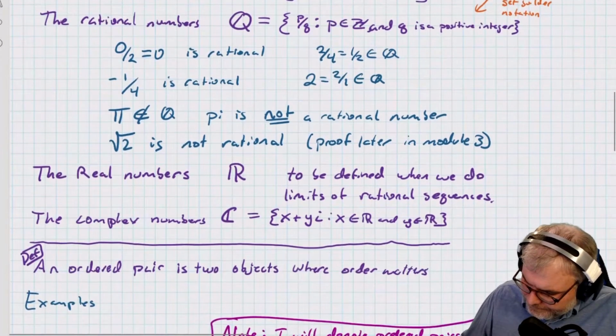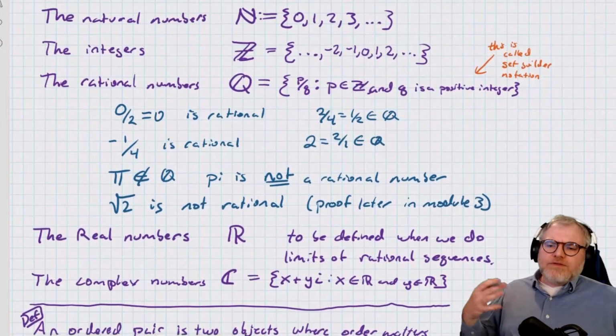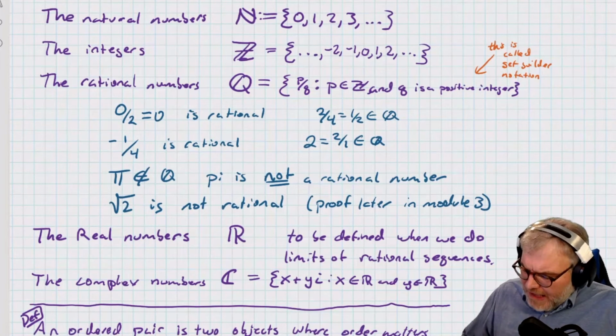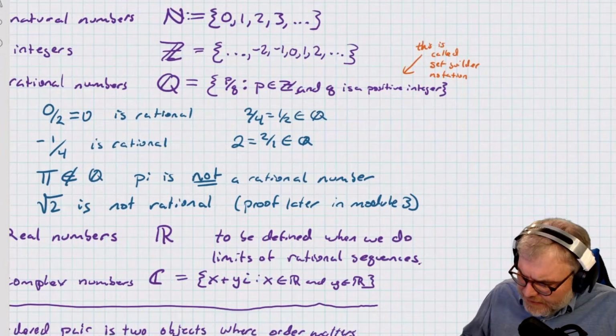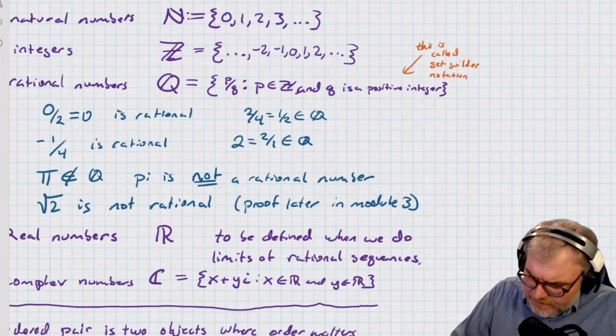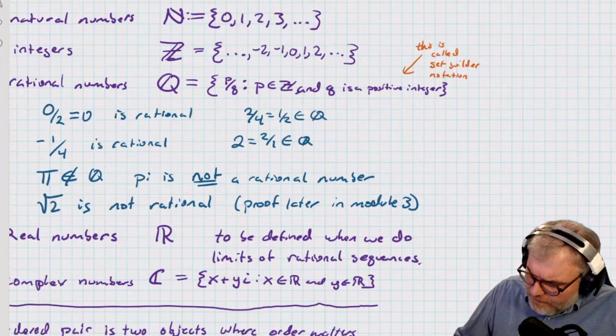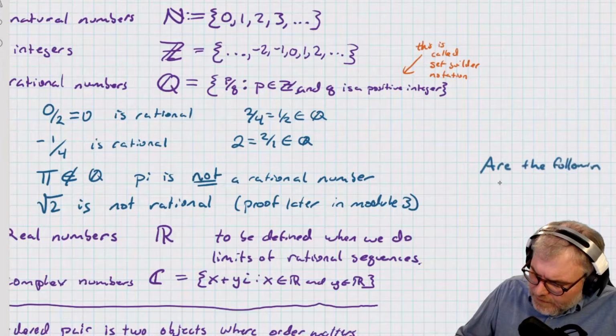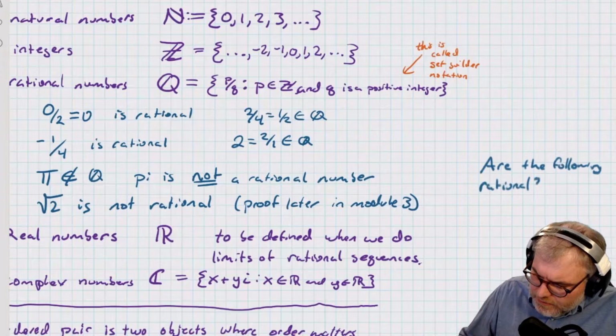Okay, so those are some common sets. Let me ask you a question. Pause the video and answer it for yourself. Are the following rational? What about pi over 2?